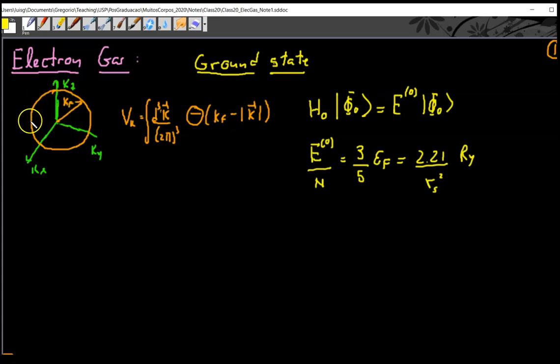For states with a k above kF, they're empty, meaning that if I integrate over the entire volume of k space, the volume of this sphere would be given by this times this theta function, kF minus the absolute value of k. If kF is larger than that, this is 1, and then I can integrate. If k is larger than kF, these states are empty and I have nothing there.